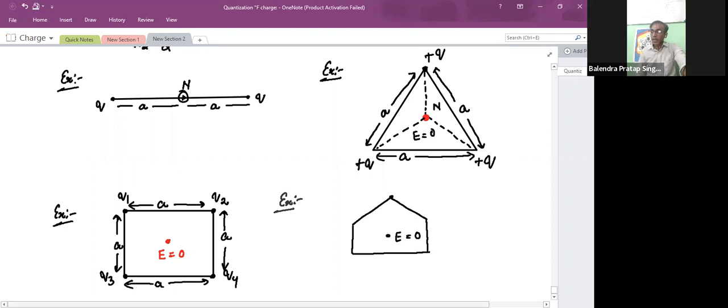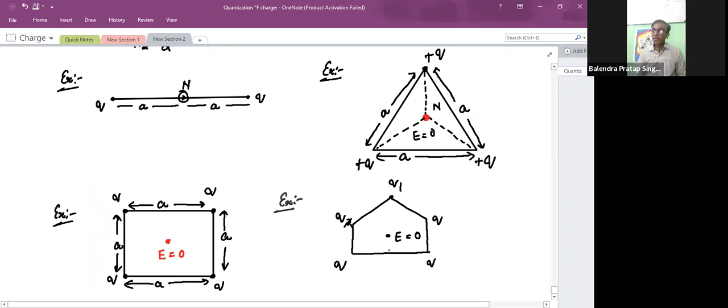And if there are n number of charges, suppose a charge here, in this case these are not Q1, Q2, these are equal. So instead of writing Q1, Q2, I must write Q, Q, Q, Q, and again here Q. So what about infinite charges?